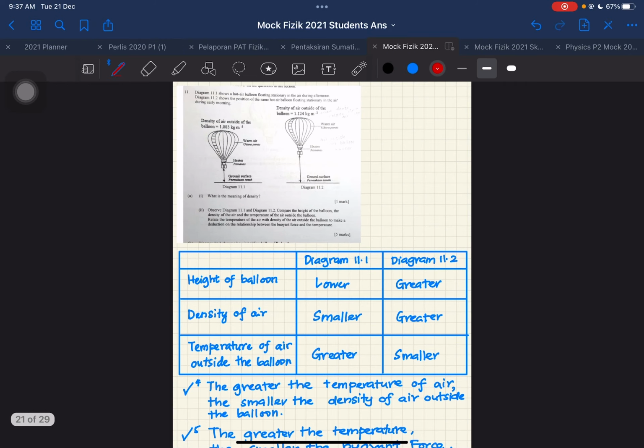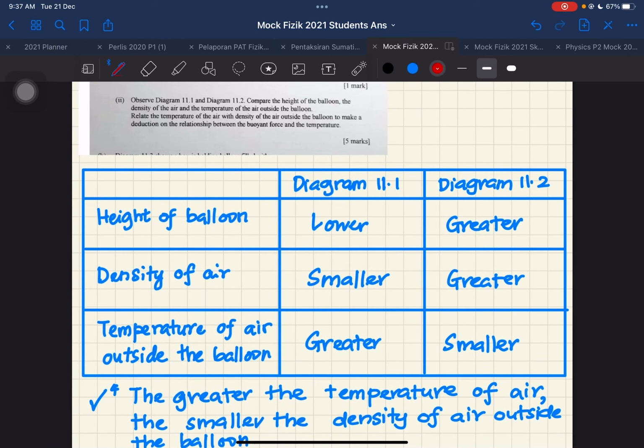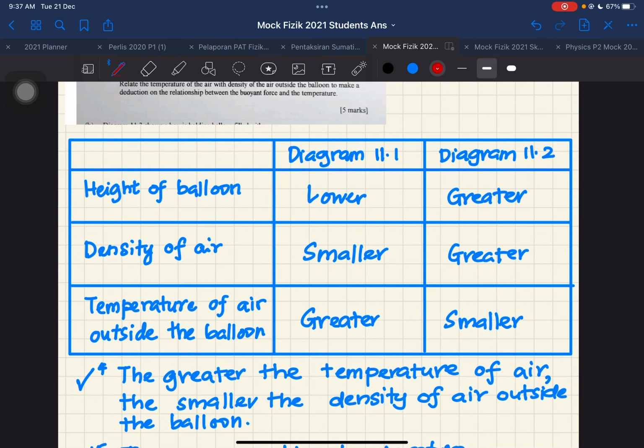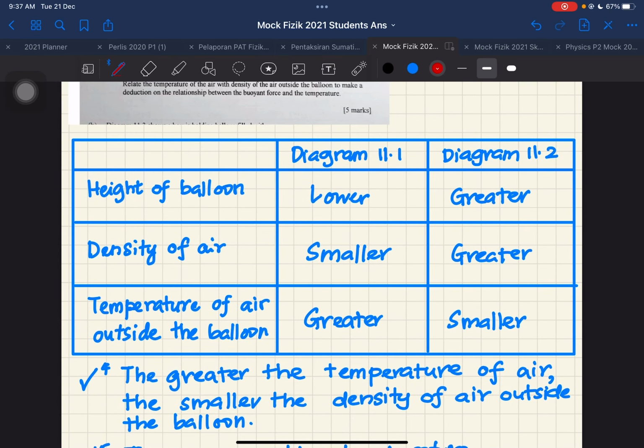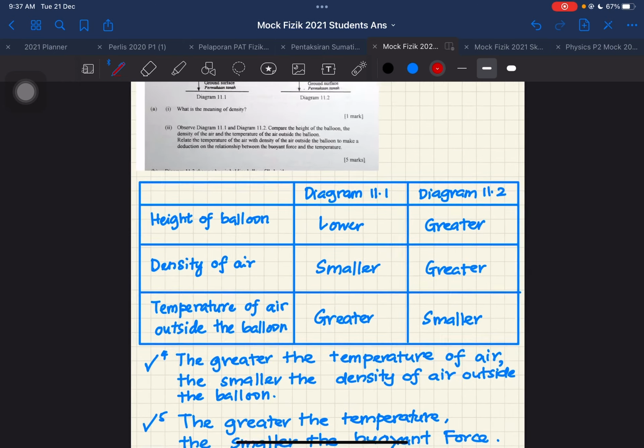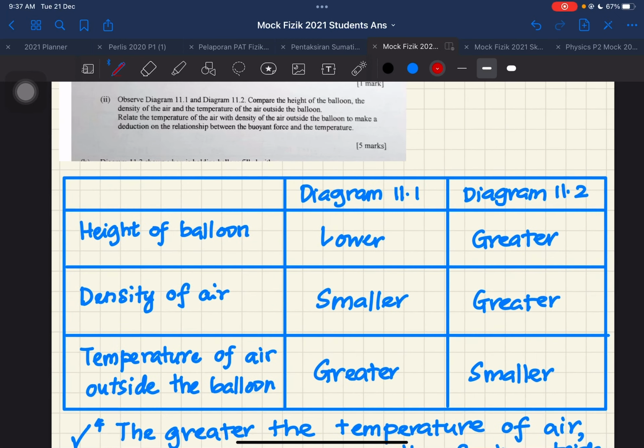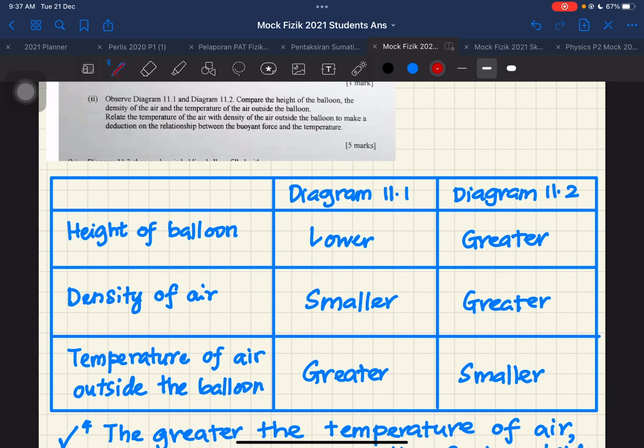So you write a 3 column table: diagram 11.1, 11.2. Just follow the question. So 11.1 and 11.2, then you need to compare.